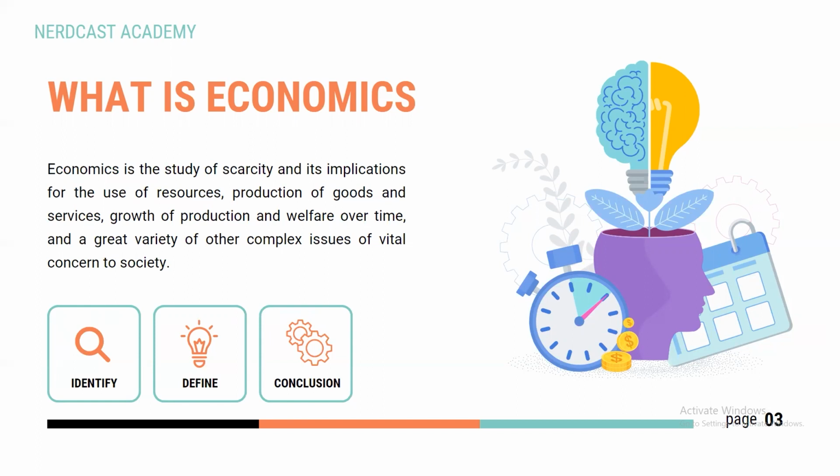Those are the general definition of economics, Adam Smith's definition, Marshall's welfare definition, and Robbins' scarcity definition. Among them, this definition is very popular. That is, economics is a social science that focuses on the production, distribution, and consumption of goods and services, and analyzes the choices that individuals, businesses, governments, and nations make to allocate resources.